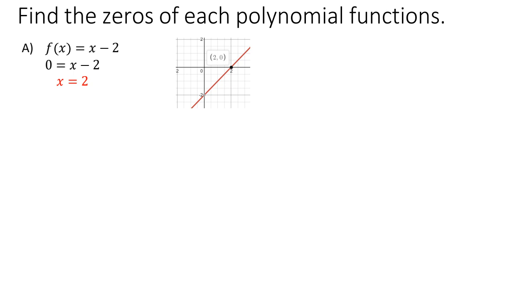Just to review chapter 1, to find the x-intercepts of a function, we set y equal to 0, which is what I did here. Then I solve for x. I added 2 on both sides, and it gave me x equals 2. This is a linear graph, and it crosses the x-axis here at 2, 0.